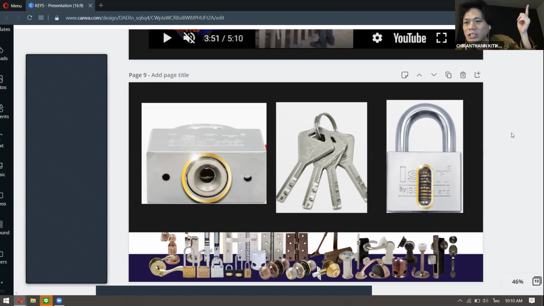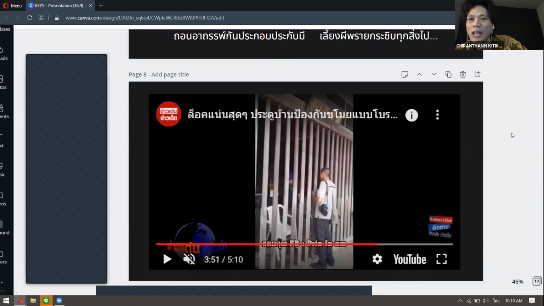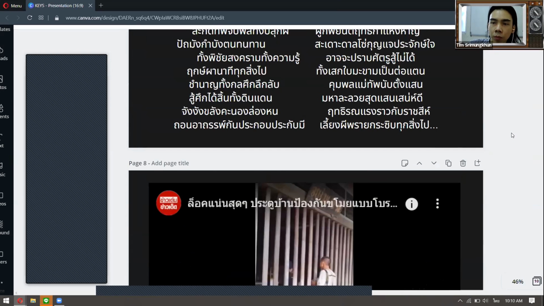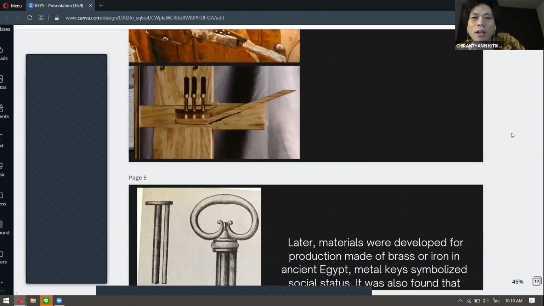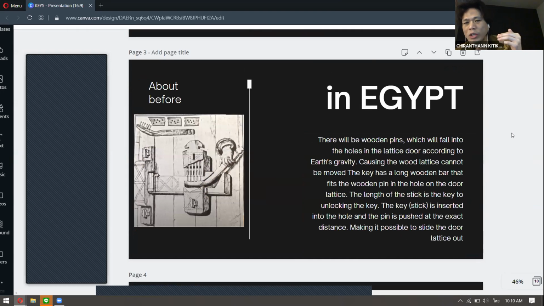Can you go back to that slide? The Egypt locking things. This one, the next one. Yes, this one. I think this is pretty nice to represent how we try to lock things. But when we think about locking things, we're thinking about the measurement of the body.